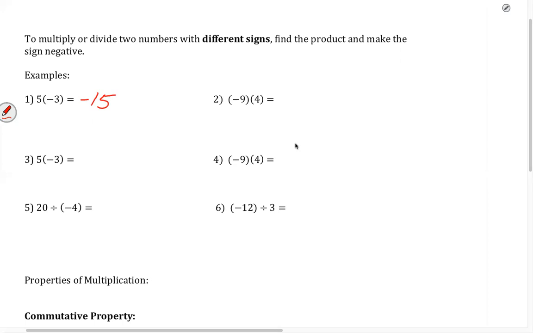Number 2, Jack. Oh boy. AJ McQuaid, number 2. Negative 36. Perfect.